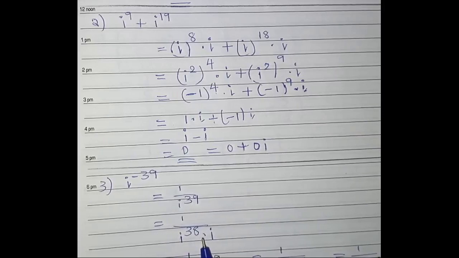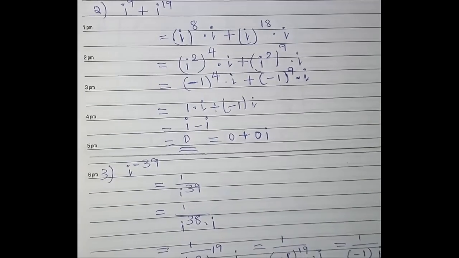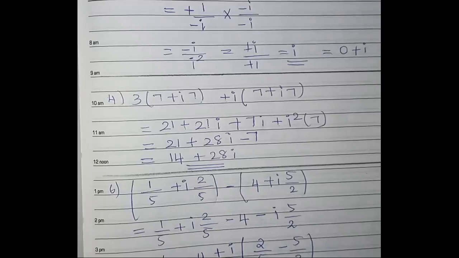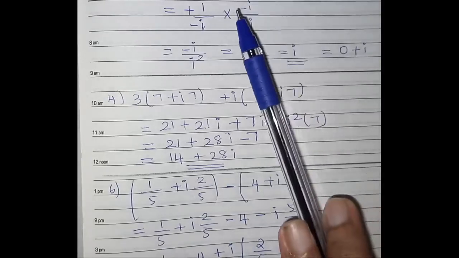And i power 38 can be written as i square whole power 19, because 19 into 2 is 38, into i. So that is equal to 1 by i square, which is minus 1 whole power 19, into i. And what is minus 1 whole power 19? Since the power is odd, again the answer is negative. So minus 1 into i. So by solving that particular step, we got 1 by minus i.